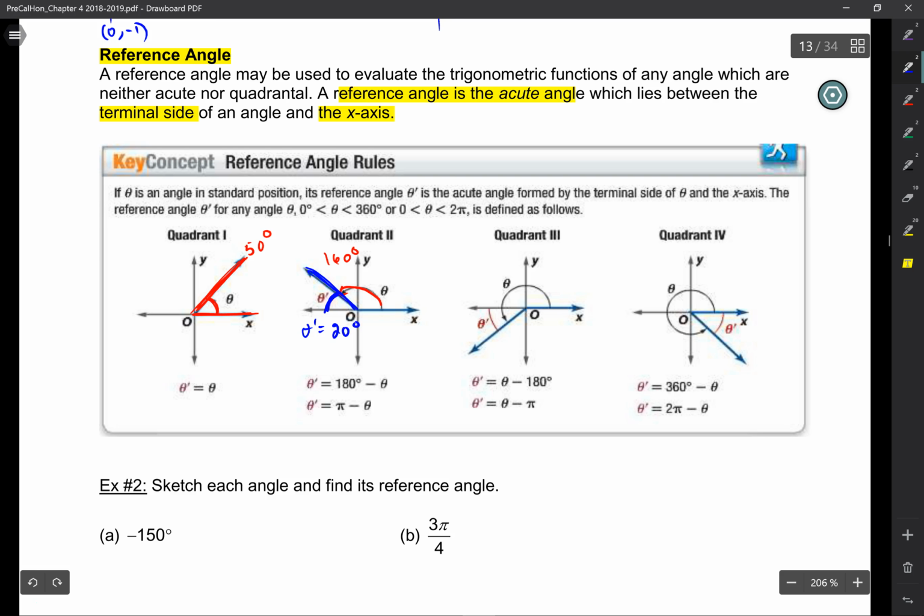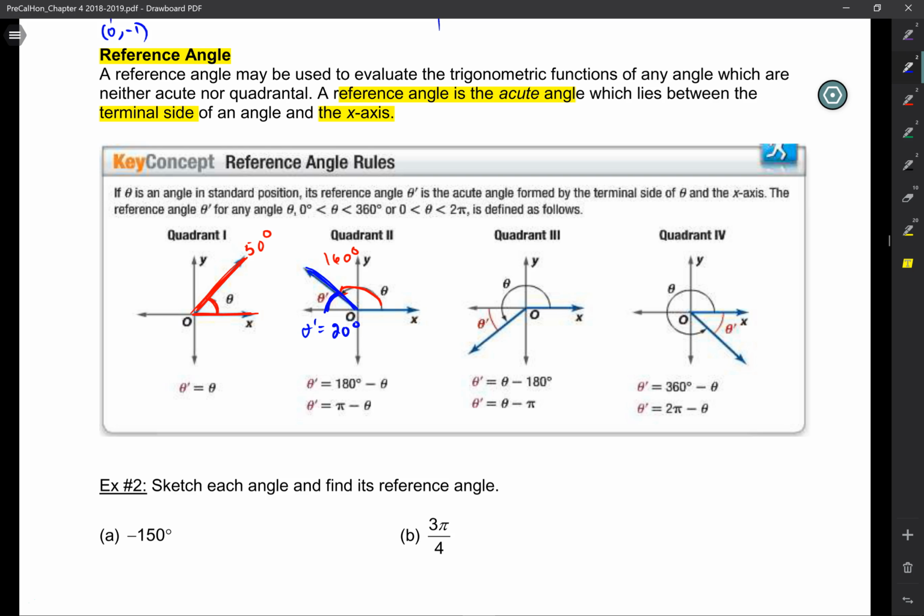Again, anything in the first quadrant, it's just going to be that same angle. For 50, it's 50.